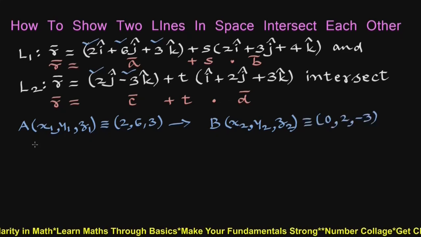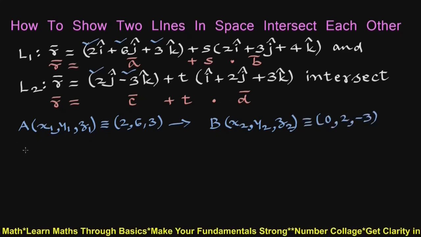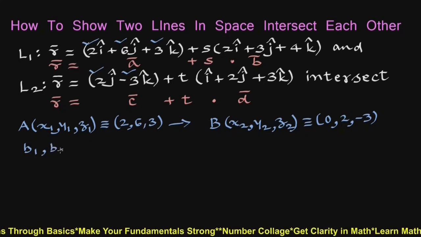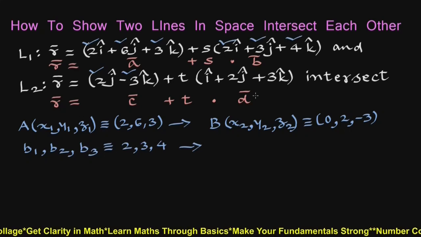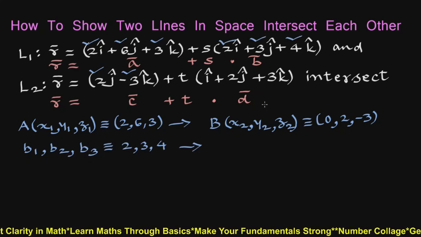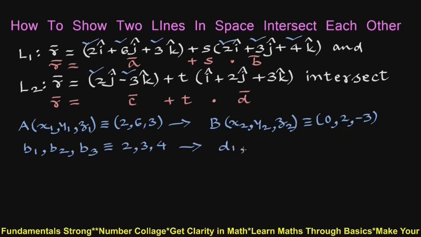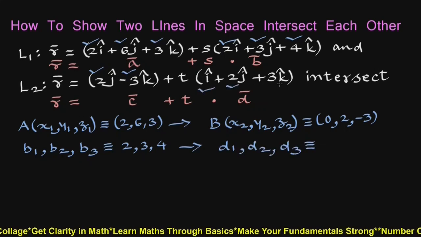DRs of a parallel vector b bar to line L1, (b1, b2, b3), are 2, 3, 4, and DRs of parallel vector d bar to line L2, (d1, d2, d3), are 1, 2, 3.